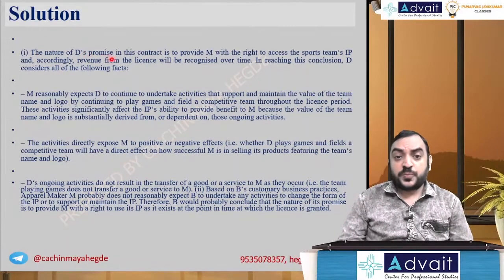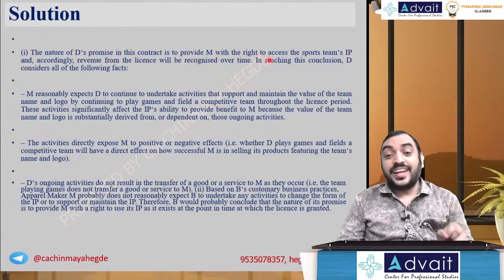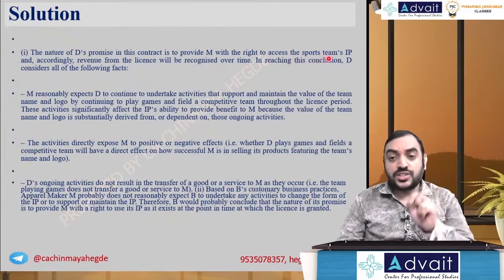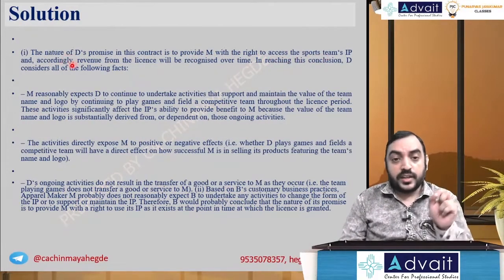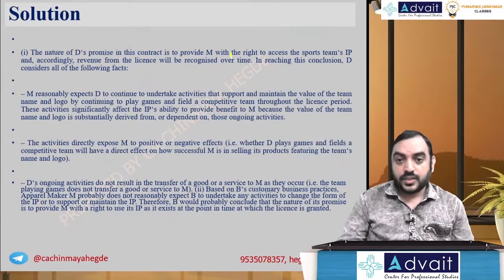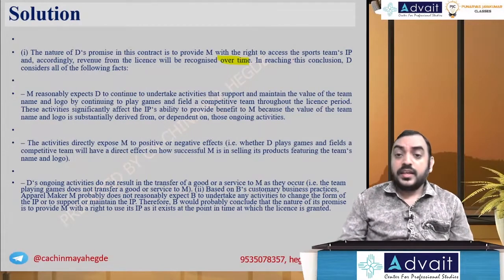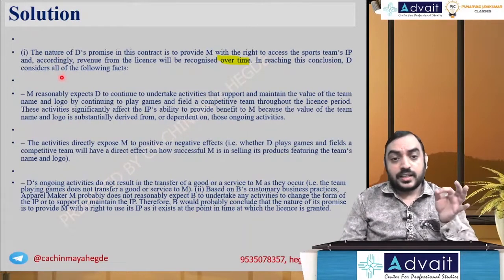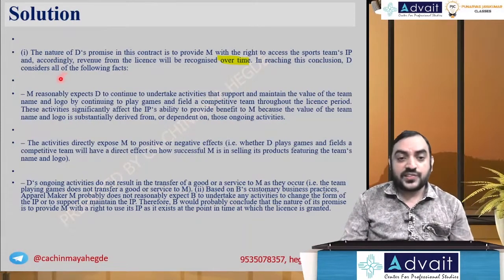The nature of D's promise in this contract is to provide M with the right to access the sports team's IP, and accordingly revenue from the license will be recognized over time. Recognized over time. In reaching this conclusion, D Limited considers all of the following facts.